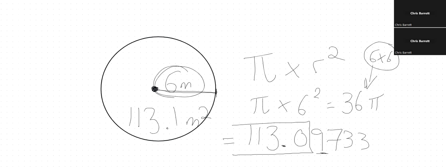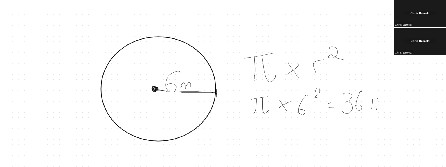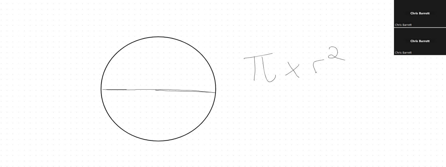Right, let's just go back and we'll have a look and see what we do once we get a diameter. So a diameter is all the way across the circle. So if I'm coming all the way across my circle, that now means that I've got a diameter, so I'm going to have to do something. So a diameter is made up of 2 radius, but r squared doesn't mean 2 multiplied by the radius.